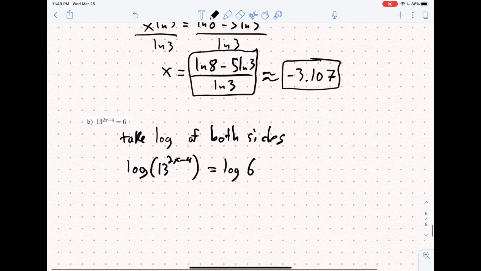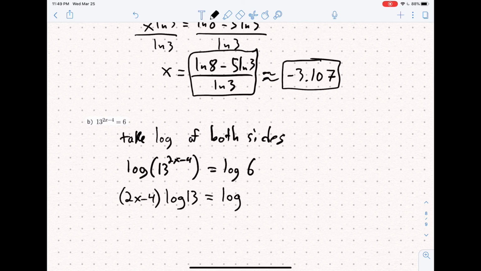So from this, we're going to use the same strategy next, which is to use the rule that says a power inside of a log can be moved into the front. In some sense, the hard thing about the original equation is the fact that that x is up in the power, up in the exponent, and it's this step that gets that x down out of the exponent and down in front where we can deal with it, where we can get it by itself.